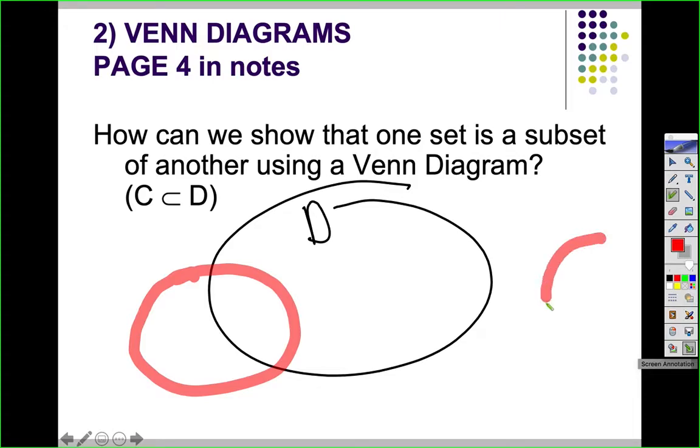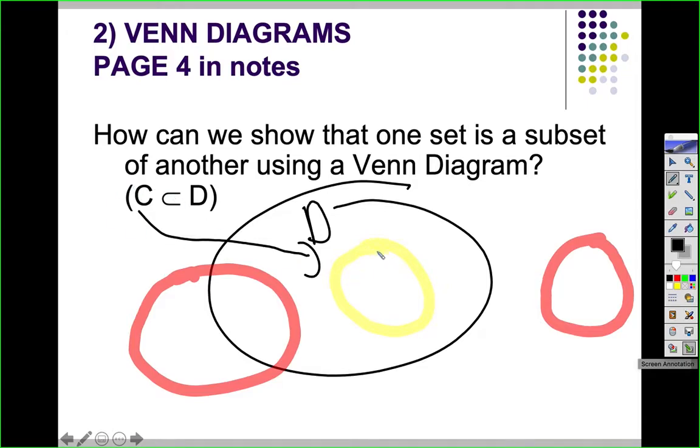Maybe subset C is here, or maybe subset C is here. I did these 3 options because this could be some overlap with D, no overlap with D, or fully encapsulated in D. Obviously, I put the last one in yellow because it is the correct answer.